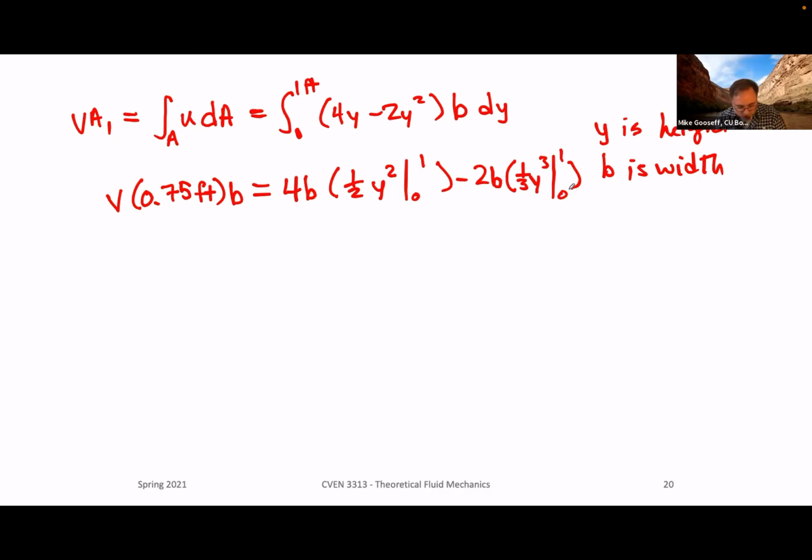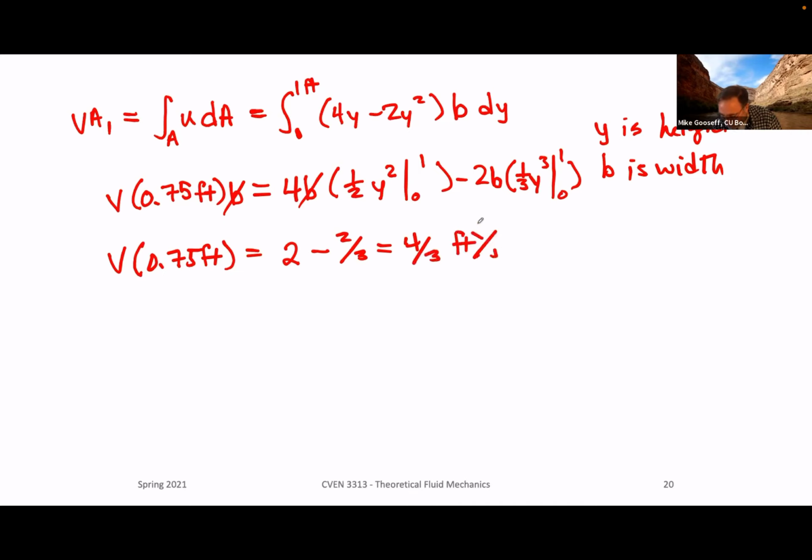And when we work this out, the B's will cancel here, so the width doesn't matter. And we end up with V times 0.75 feet is equal to 2 minus 2/3, which is equal to 4/3 essentially. Feet squared per second is what your units turn out to be.